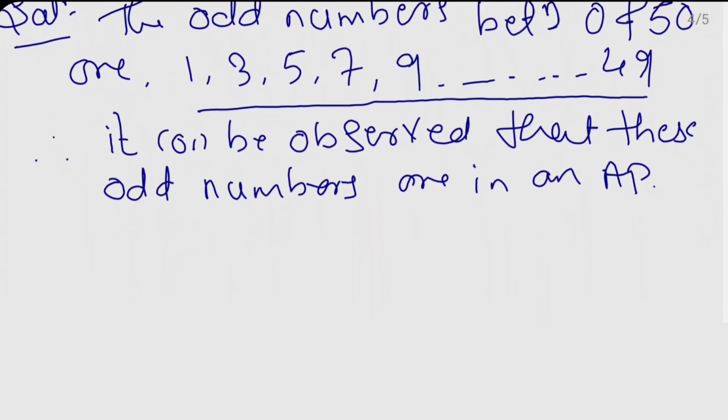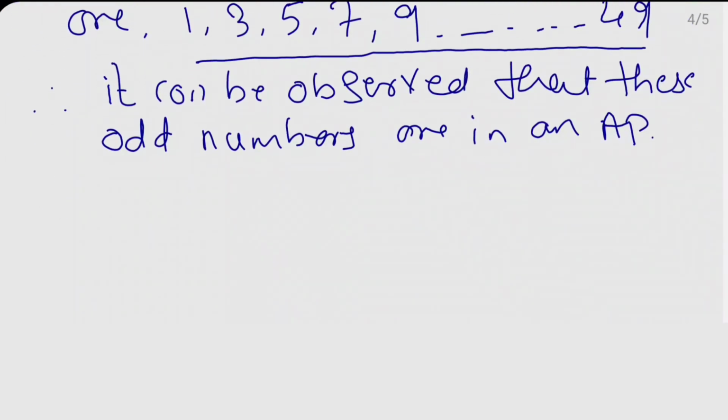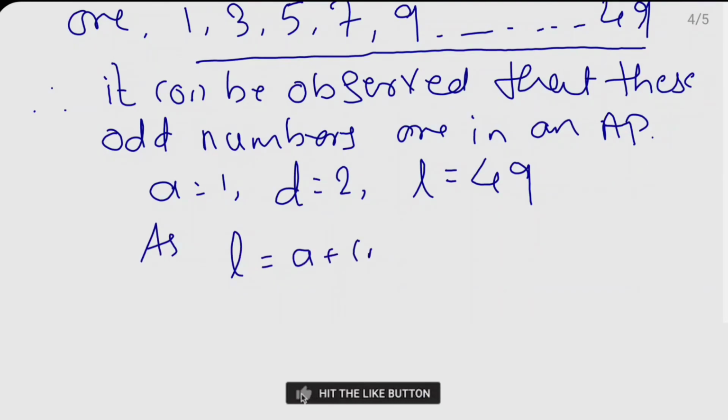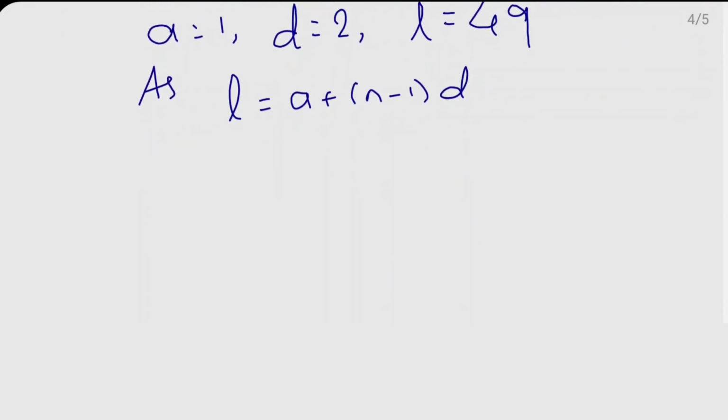So write down here the first term A is 1 and the common difference is 2, and here the last term is 49. Is it clear? So as we know that L equal to A plus n minus 1 into D. Is it clear? So substitute the value here.